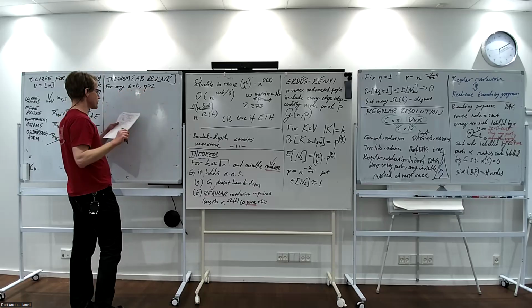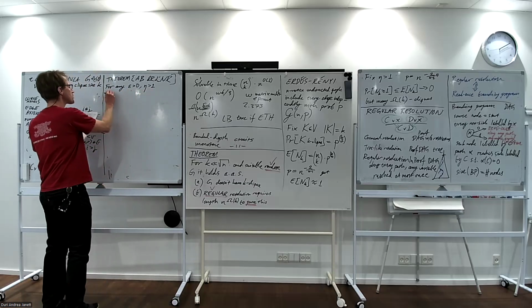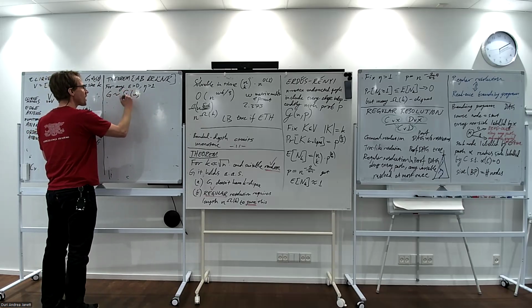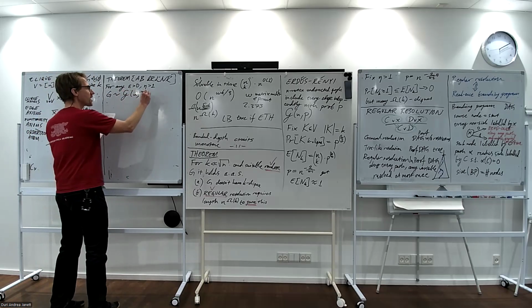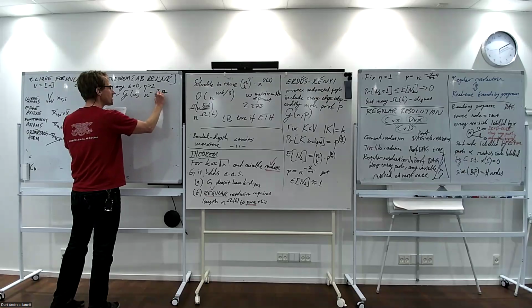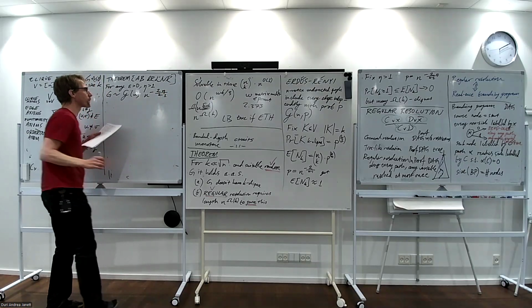So fix these constants, suitable constants, and suppose that G is a randomly sampled Erdős graph over n vertices. And again, the edge probability should be just below where we get k-cliques, so n^(-2 times eta over k minus 1).